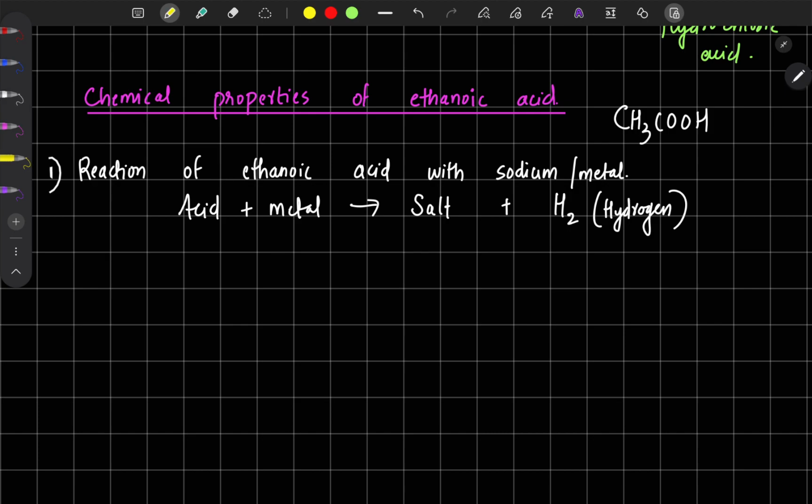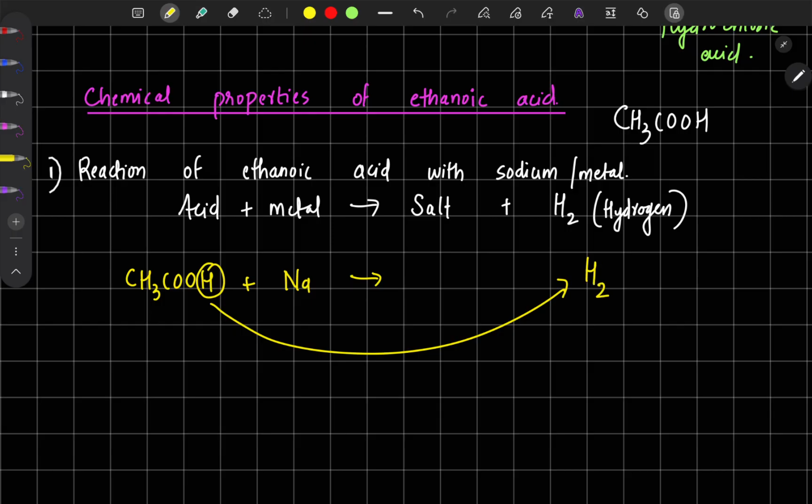So we will have CH3COOH plus metal, we are taking sodium. So what will you get? See here, this H will form H2, and this Na plus will be attracted by the CH3COO minus ion.